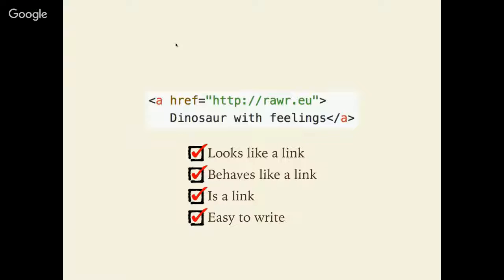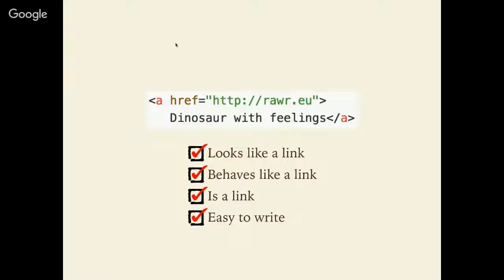And within the anchor tags is the text of the link, which in this case is "dinosaur with feelings." Underneath this piece of code is a short checklist, and this checklist is going to be repeated on all slides that have a code example.